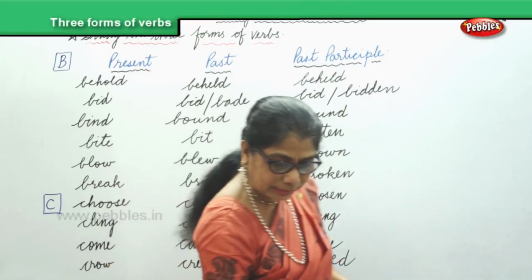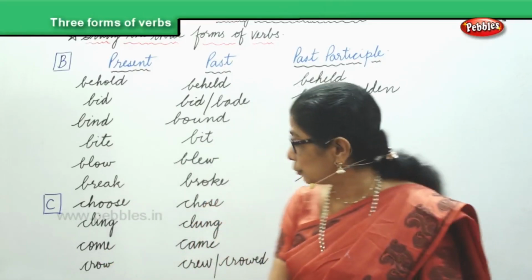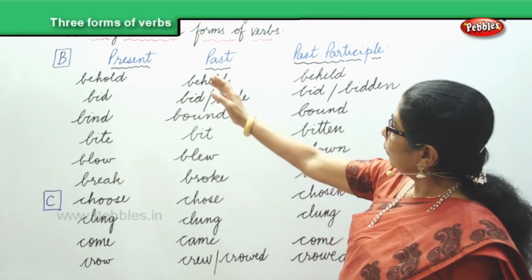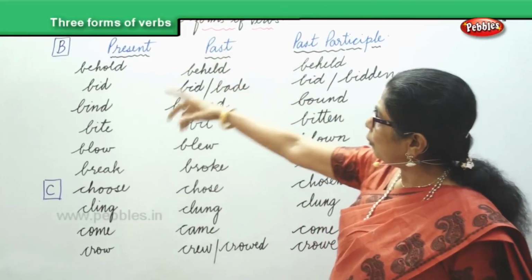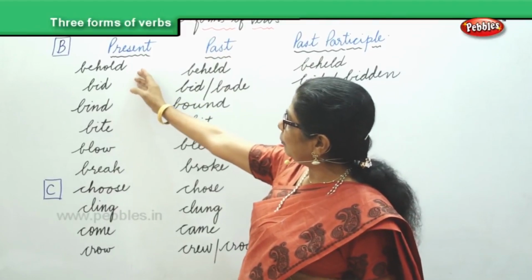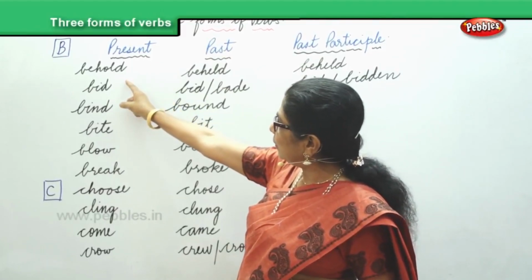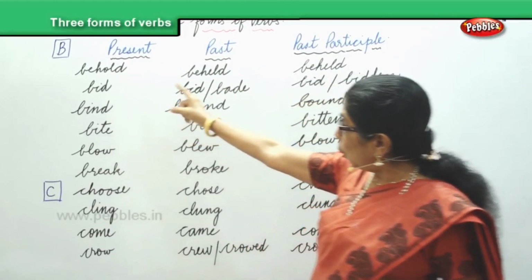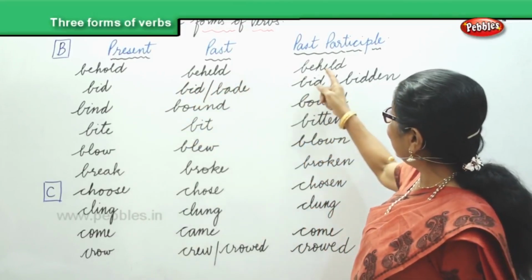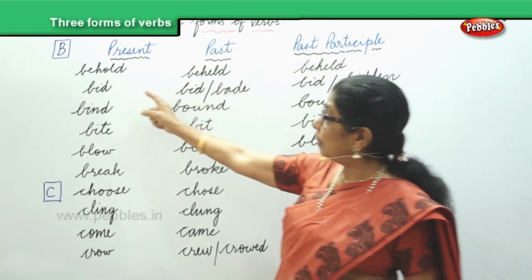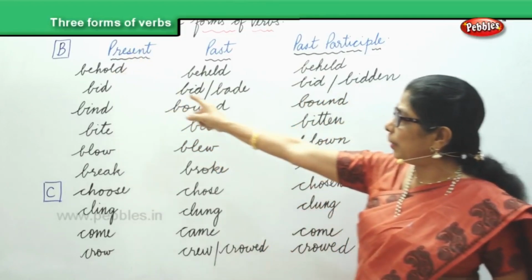Okay, now let's look at the three forms of strong verbs here. We are studying the three forms of verbs. We have already done some in the alphabet A. In B we have here present. Behold, beheld, again for the past, beheld. Bid, you bid goodbye to someone.